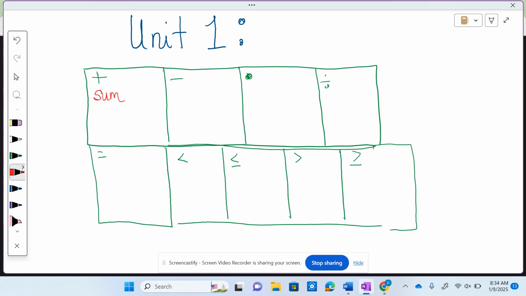So, sum. What's another word that means addition? Add. Yep. Add. What if I said 5 more than 2? That means 5 plus 2.